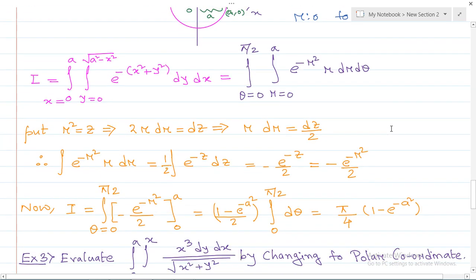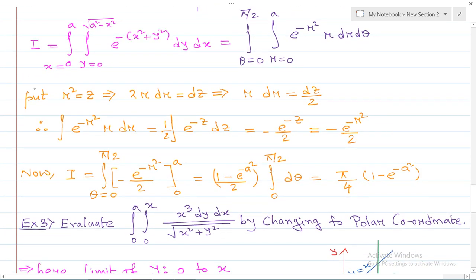Okay, now we will come to the solution part. Here the integration is given as x from 0 to a, y from 0 to root over a square minus x square, e power minus of x square plus y square dy dx. Since both the limits are constant here, whatever your choice of variable, you can perform it. There is no restriction if the limits are constant.